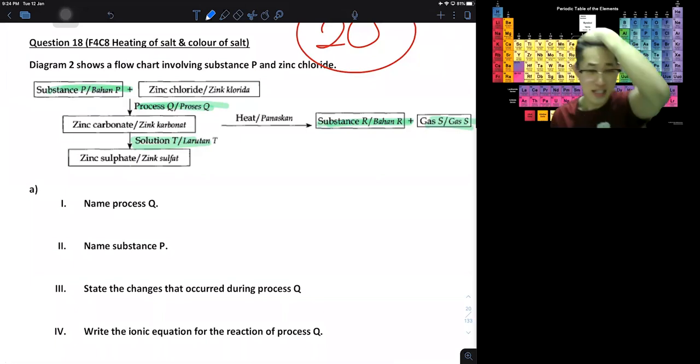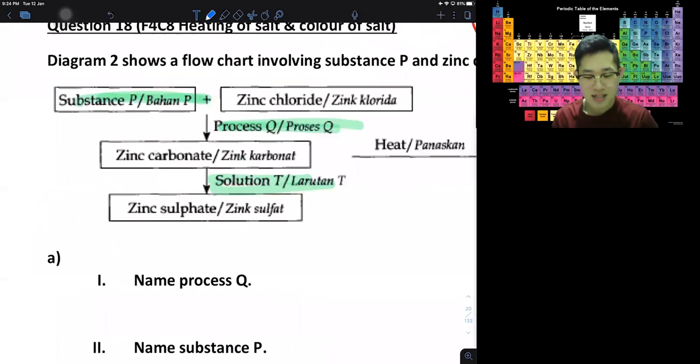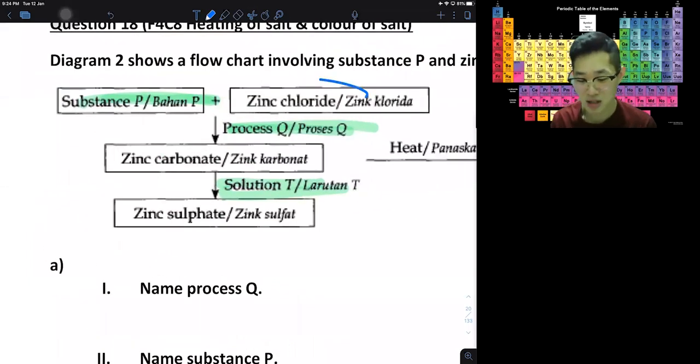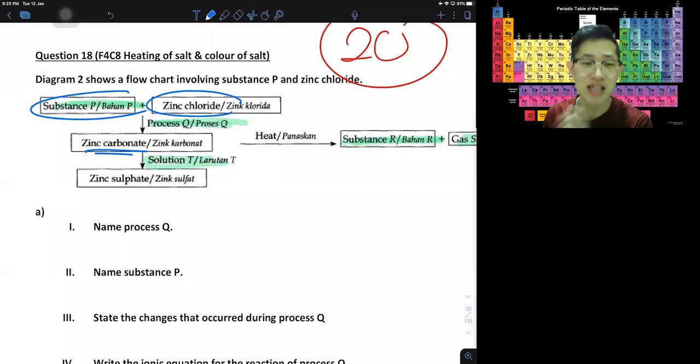Okay, let's look at this question. Is Jinhui here? Oh, yes. Substance P plus zinc chloride gets you zinc carbonate.